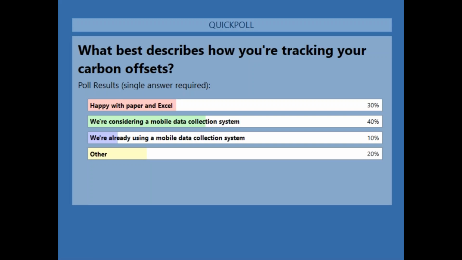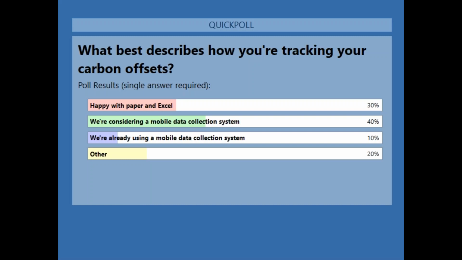It may actually be a very old, proven piece of technology, which is pen and paper. But how do you get the information on that pen and paper quickly into a scalable system? That's also a piece of the strategy. So there's a lot of factors that go into that, but those are some of the tricks of the trade that we've seen over 8.5 years of doing this kind of work, especially around carbon projects.